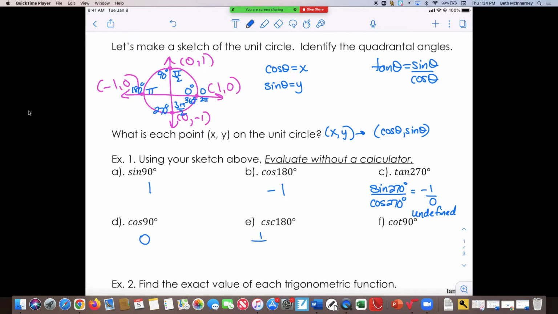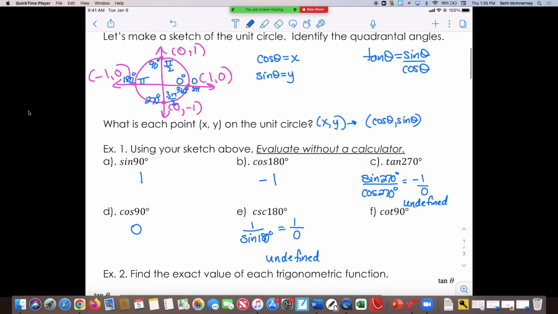Okay, great job. So here's kind of the hint to get started. You do need the sine of 180 degrees, and cosecant is the reciprocal, 1 over that. So I go over to 180 and the sine is 0, so I have 1 divided by 0, which is undefined.